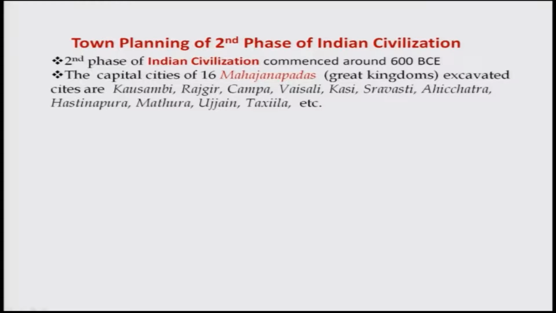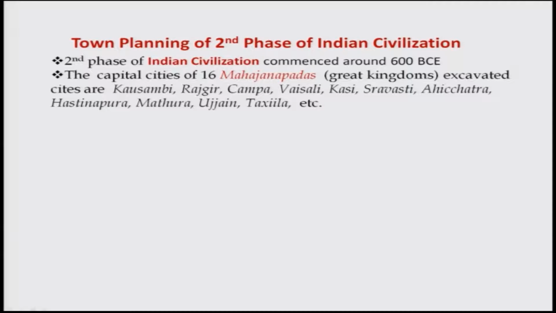We had seen the first phase of town planning in the case of Harappan and then Mohenjo-daro and Lothal and other areas. But the second phase of Indian town planning basically commenced again around 600 BC. And there are several capital cities, what we call Mahajanapadas, which were being excavated in recent times.